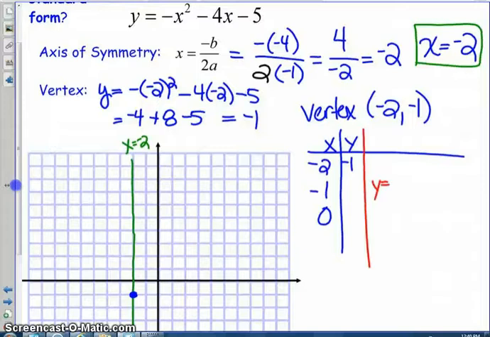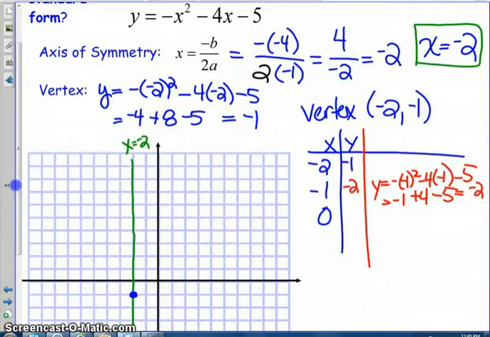I'm going to make a place for my work here. y equals the negative of negative 1 squared minus 4 times negative 1 minus 5. So it's going to equal the negative of 1 squared. Negative 1 squared is 1. It's going to be plus 4 and then minus 5. So that's actually going to equal negative 6, negative 2.